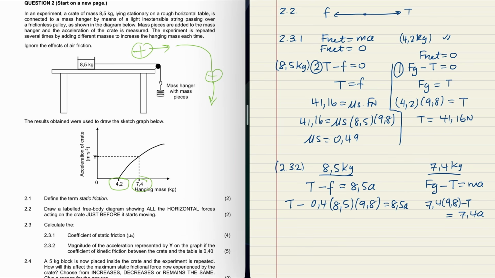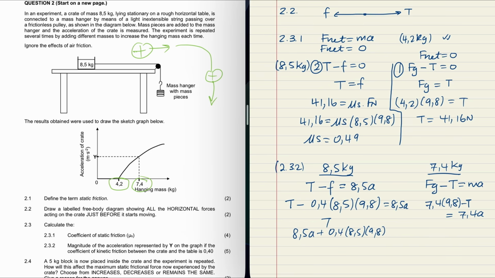Now we can make T the subject of the formula for both of them, and then we can equate. Remember, this is now a simultaneous equation. So we will have 8.5a plus, now I'm taking this whole thing over, 0.4 into 8.5 times 9.8.